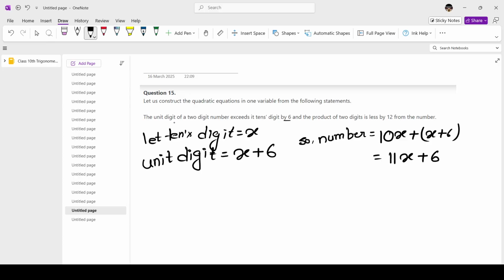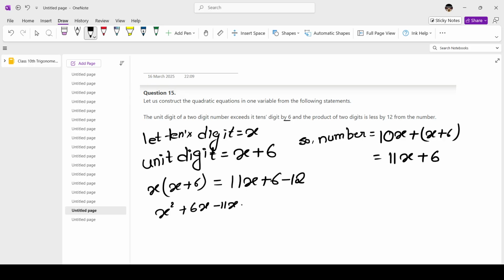But the question says that the product of the two digits is less than the number. So just take the product. The product will become x into x plus 6.